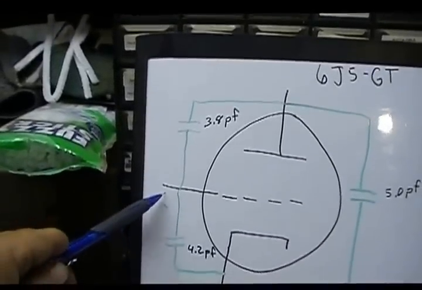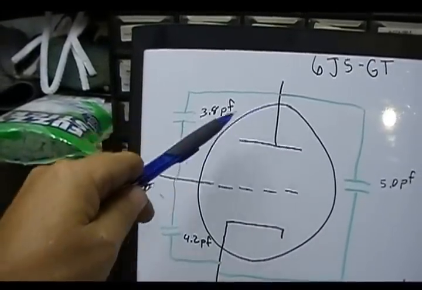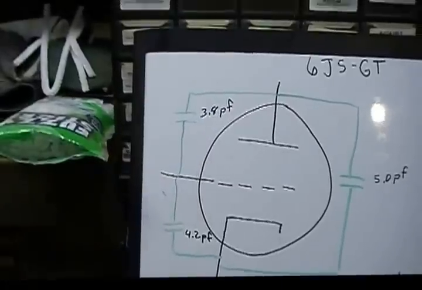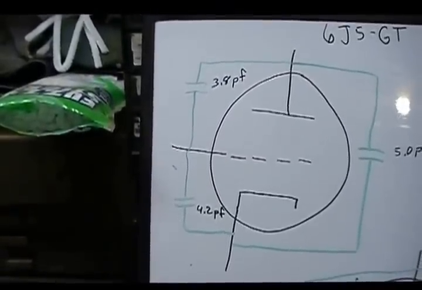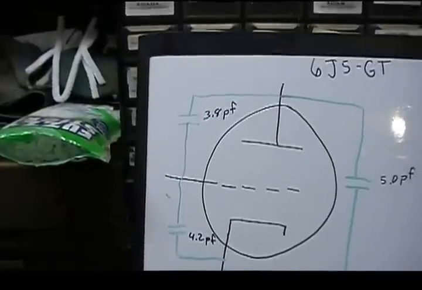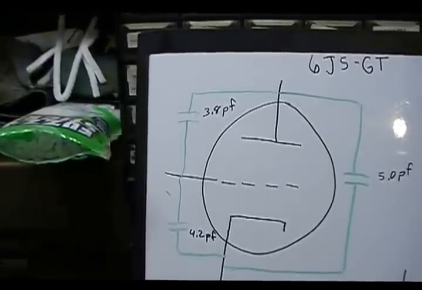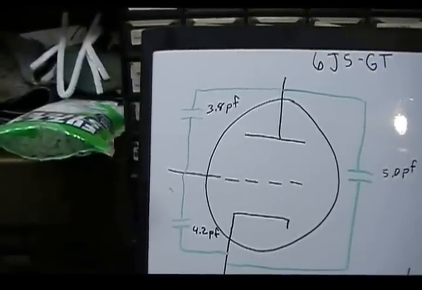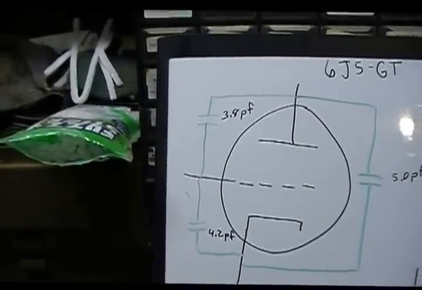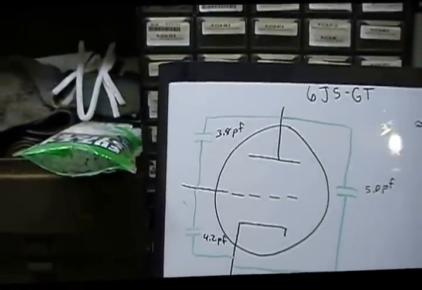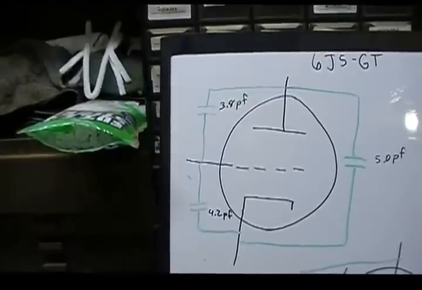The one that we want to talk about is grid to plate at 3.8 picofarads. That is a problem. At low frequencies, the broadcast band frequencies, the AM radio band, it didn't rear its ugly head. But by 1930, people were wanting to listen to shortwave.